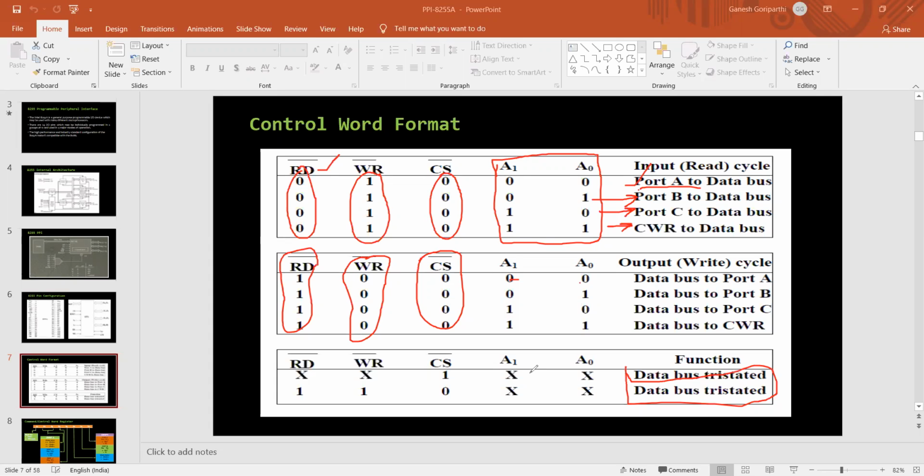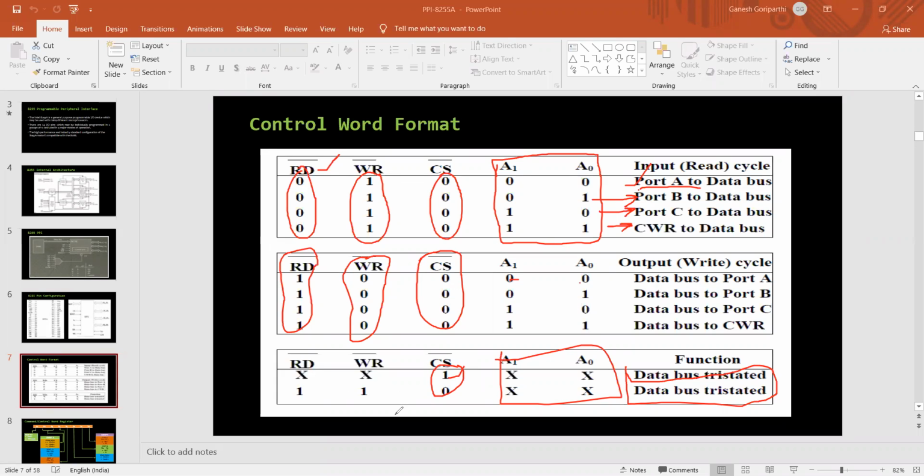So in that case, you will have don't care at A0 and A1, and the chip select will be 0 or 1. If it is 1, no operation will be performed. When read bar and write bar are don't care or 1, there will be no data transfer to the data bus buffer. That is the format of the control word.